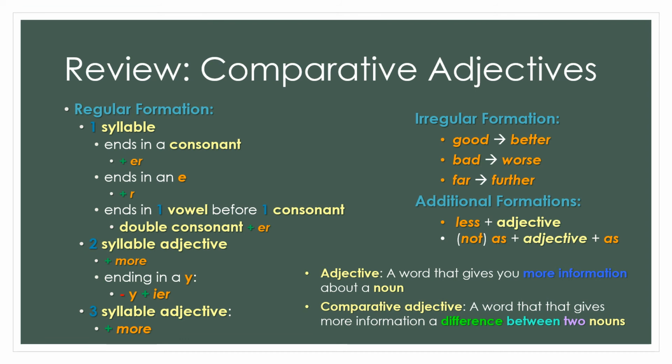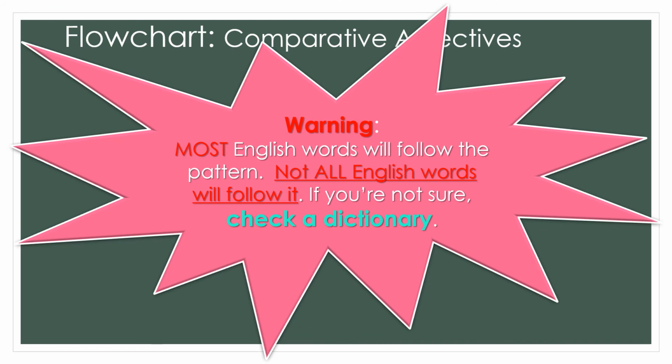If you make it negative, you add the word not to the beginning. Remember, most English words will follow the pattern. Not all English words will follow it. If you're not sure, check a dictionary.